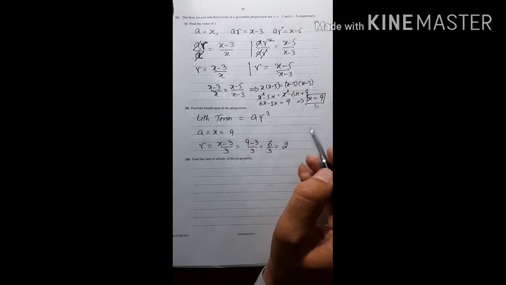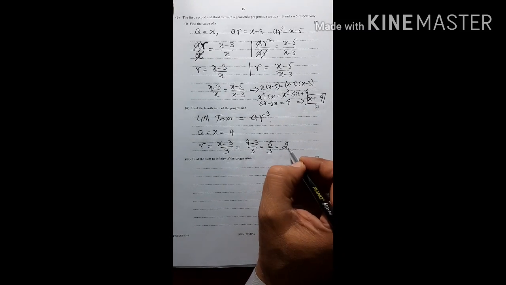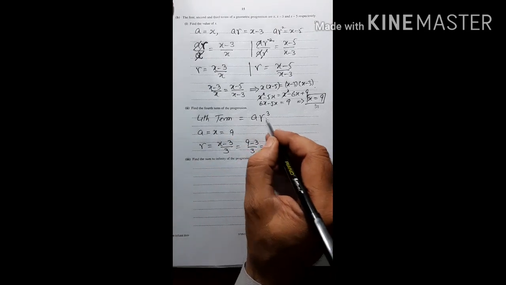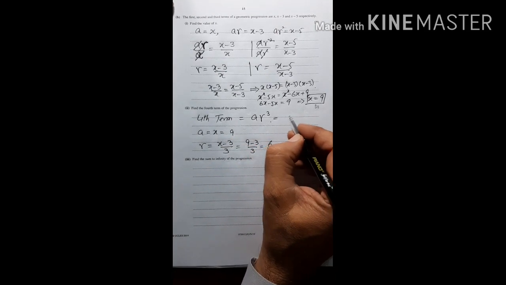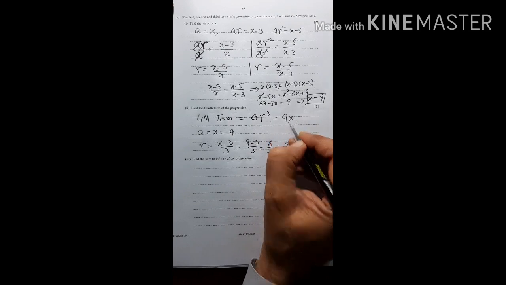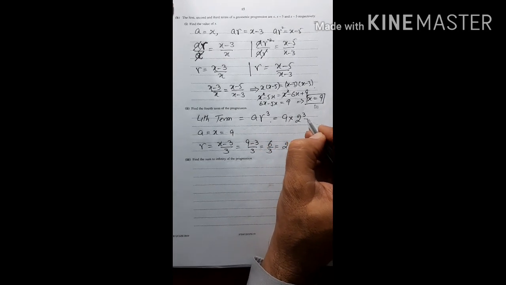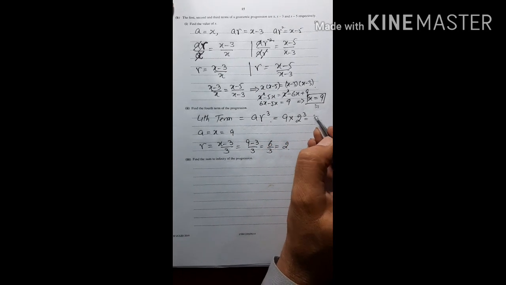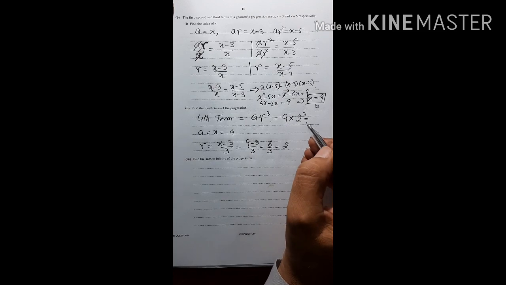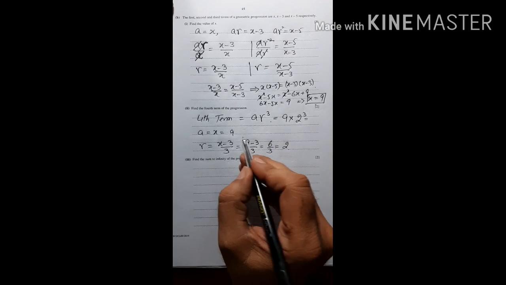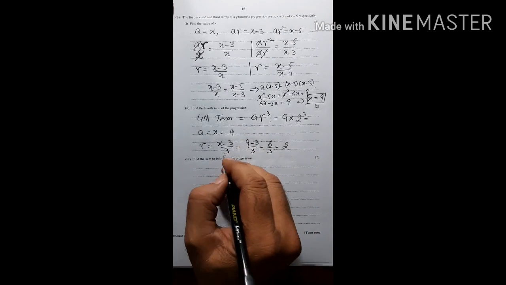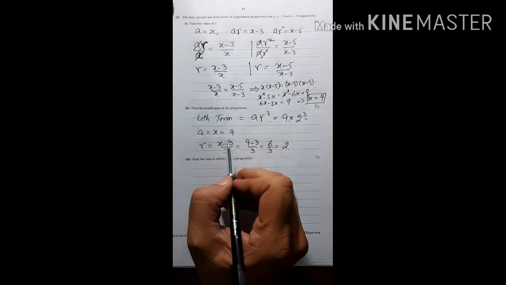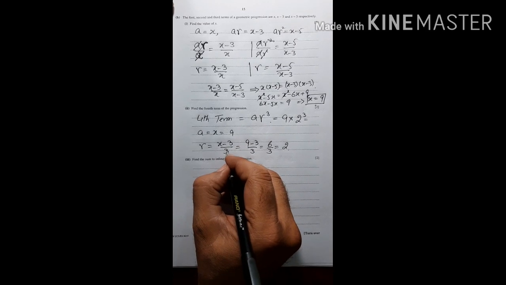So I will put all these two values here. So this is 9, x minus 3 over x.